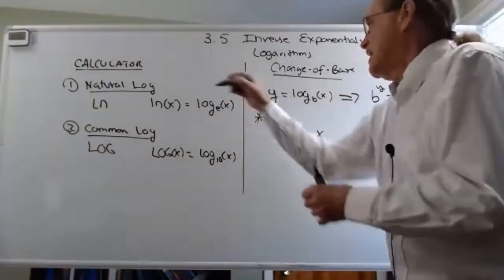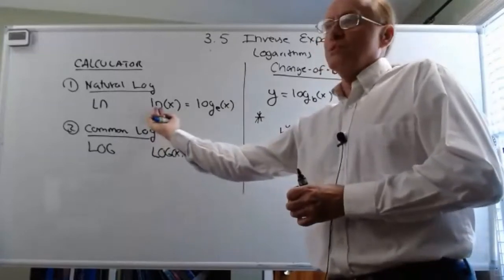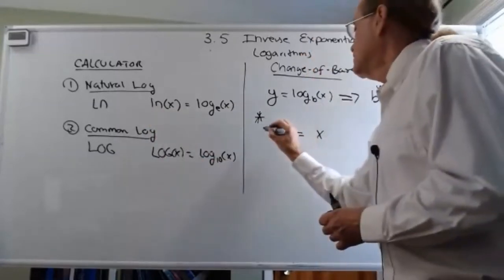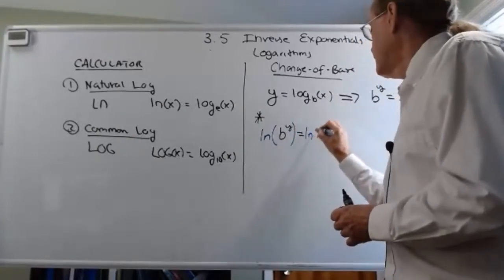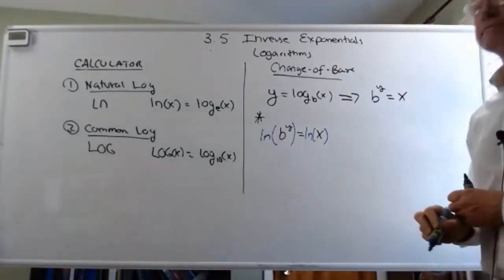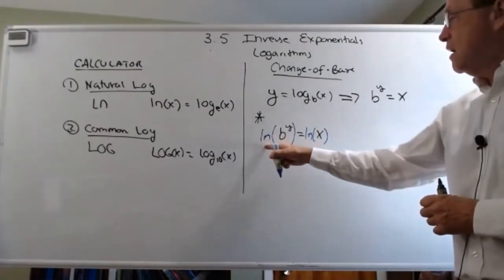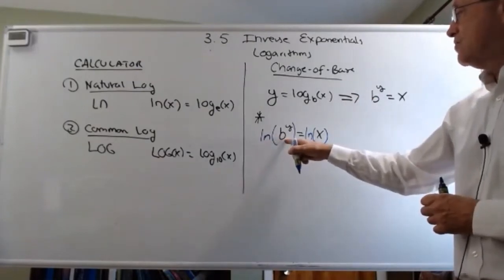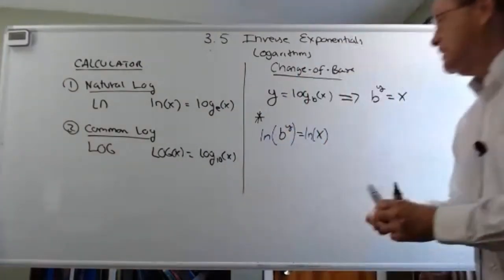But let's try the natural log. Usually I use the natural log because ln only has two letters as opposed to 3. So I'll take the natural log of both sides. Here's the property: when you take the log of some base raised to a power, you're able to bring down the exponent.